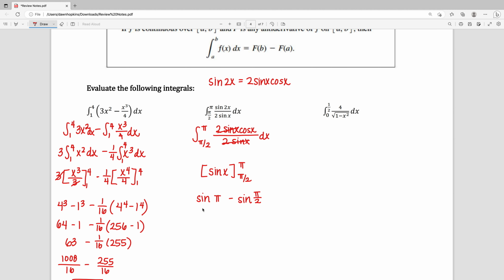Sine of pi is 0. Sine of pi over 2 is 1. So we have 0 minus 1, or negative 1. And that negative area indicates that it's under the x-axis.